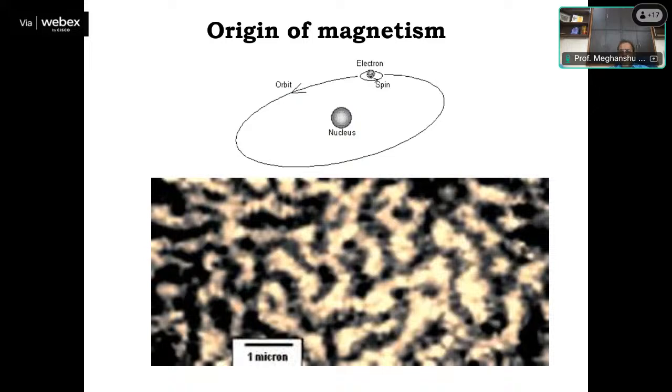Why do they have this random orientation? Because according to the stability criteria, everyone wants stability, or wants to remain stable. You also want to remain stable, I also want to remain stable. So when these magnetic domains have a magnetic field, they have magnetic energy, and because of this energy they have instability.